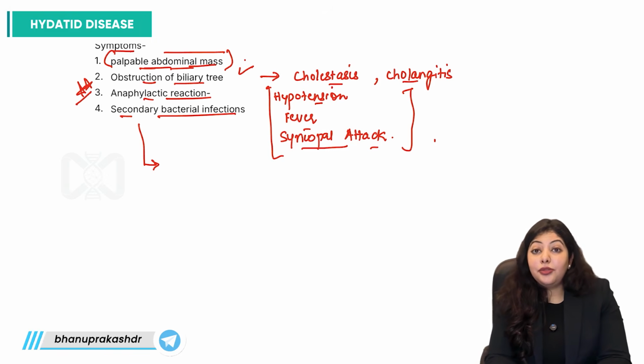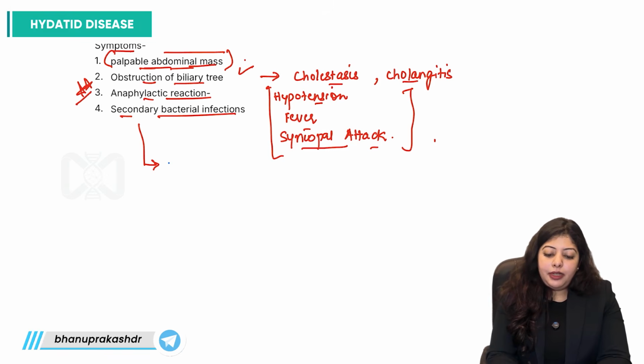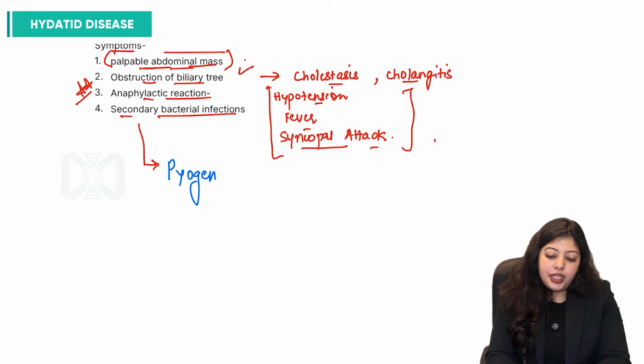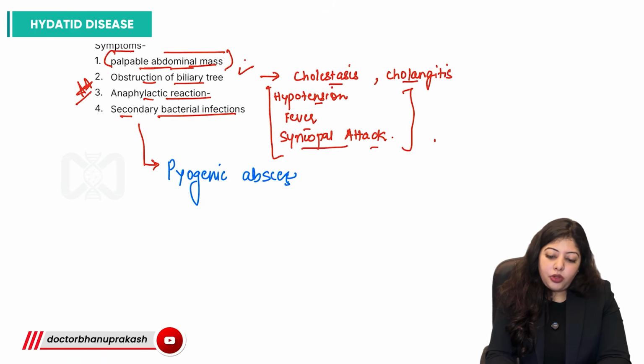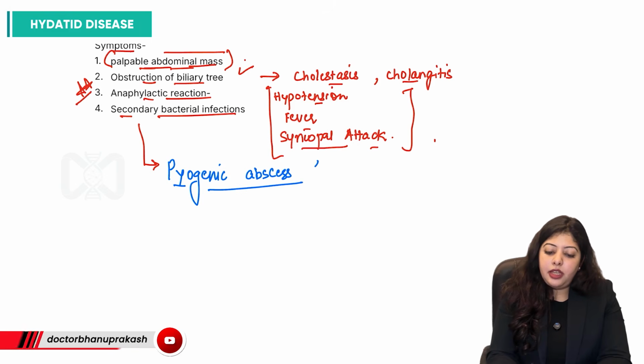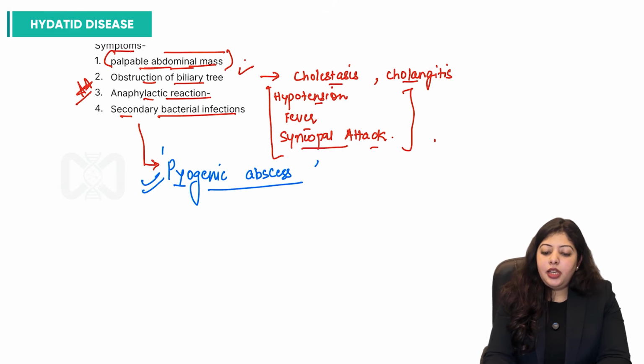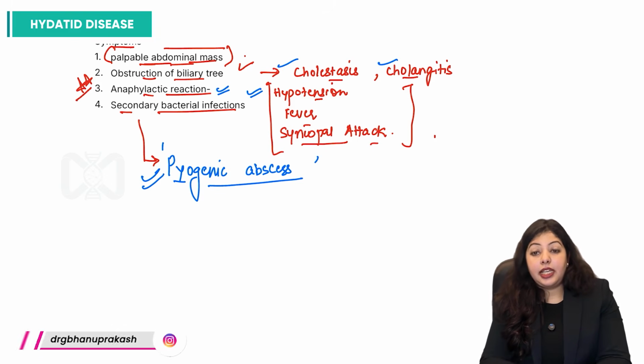So it might lead to secondary bacterial infections, and these will present as pyogenic abscesses. These are all complications related to the presence of these cysts: pyogenic abscesses, anaphylaxis, cholangitis, cholestasis, etc.